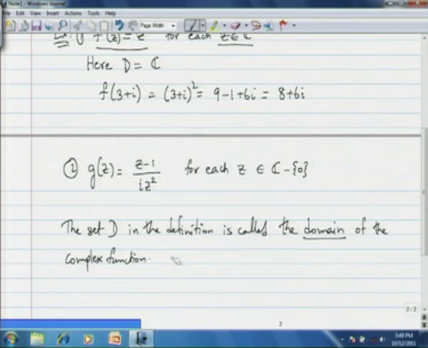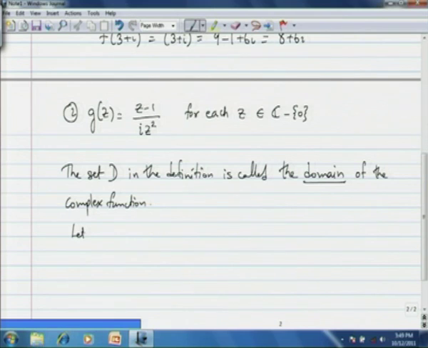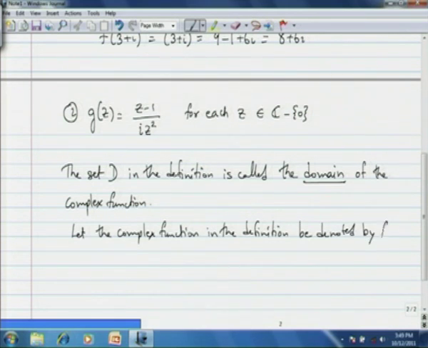and the set... before I say this, let me give the function a name. So, let the complex function in the definition be denoted by a symbol f, let us say. Okay.